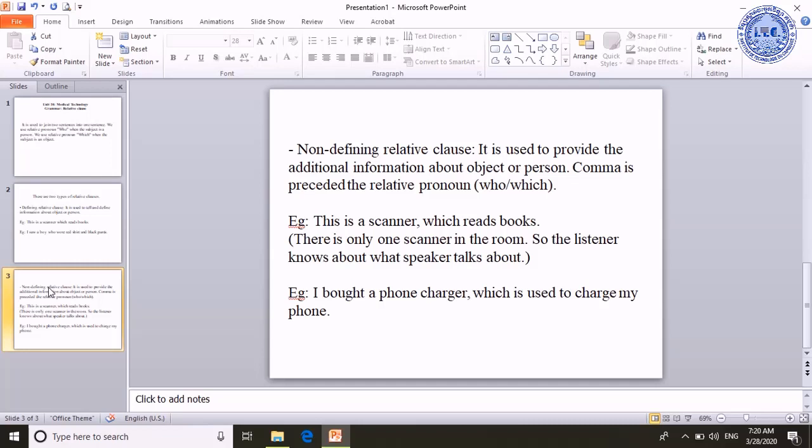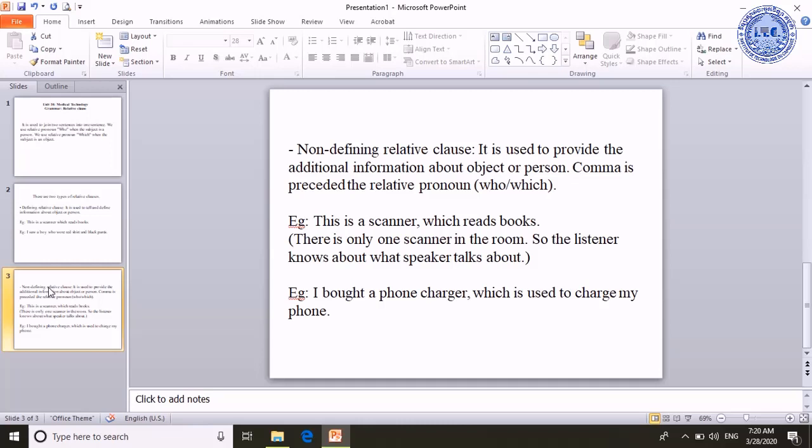So in non-defining relative clause, it is used just to add extra information to an object or a person, because without the extra information the listener still knows and identifies that object or person. And when we use non-defining relative clause, we have to put comma in front of relative pronoun who or which.